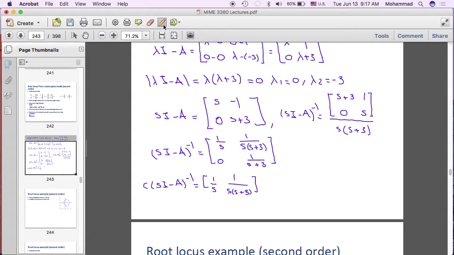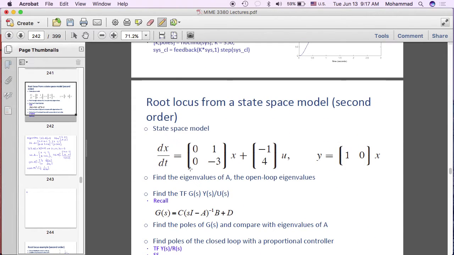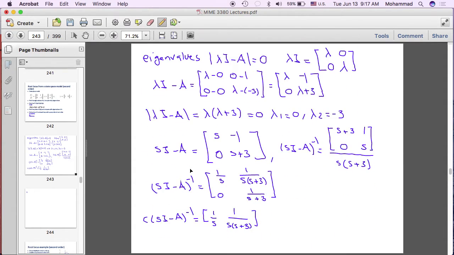The next step is to post-multiply this by B. So we need to take C times sI minus A inverse and post-multiply it by B. B is a 2 by 1 matrix made of -1 and 4.